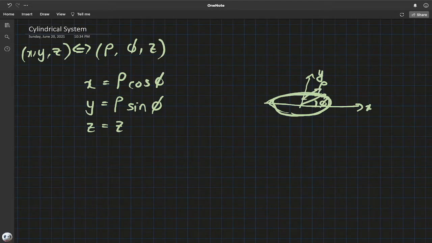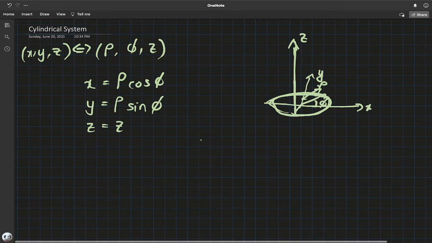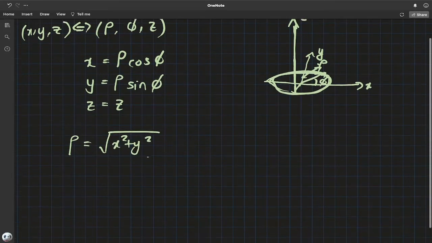It is usually the distance of that point from the origin, that's rho, and z is just like in your Cartesian system, it's how high up you are on the z-axis. So the way to invert them is to see that rho, since it's just the distance on the xy plane from the origin to that given point, is the norm on the xy plane, which is the square root of x squared plus y squared.